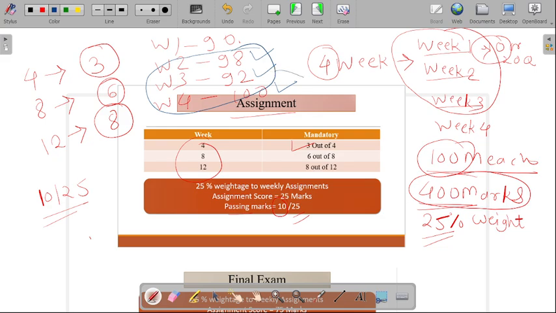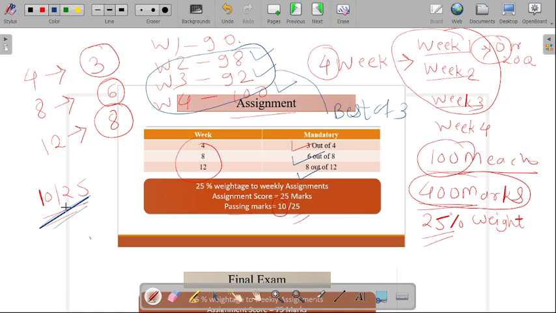So these 3 weeks will be considered as the best of 3. It is similar for week 8 and week 12 also. The best of 6 will be considered here, and the best of 8 will be considered here. But you need to mandatorily solve these 3, 6 and 8 assignments as per the 4, 8 and 12 week courses.